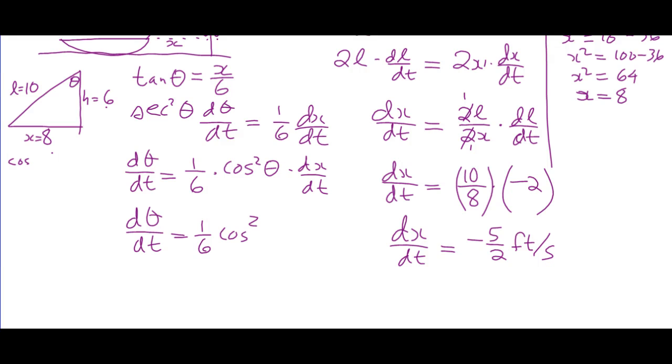So cos theta is 6 over 10, or 3/5. Okay, so let's put in 3/5 squared. And dx by dt we worked out, right? So that's negative 5/2. Okay, so that's from part A.